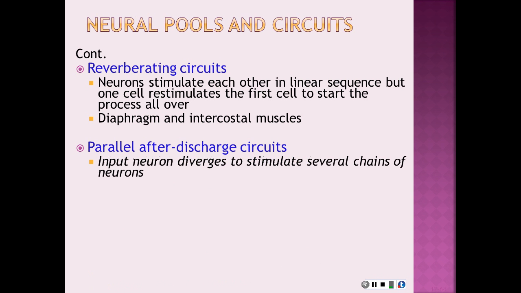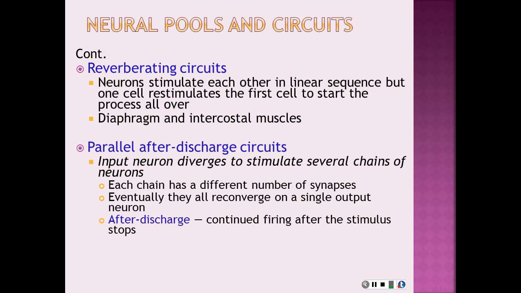The parallel after-discharge circuits. Within that particular circuit, you have an input neuron. They diverge to stimulate several neuron chains that eventually reconverge on a single output neuron.